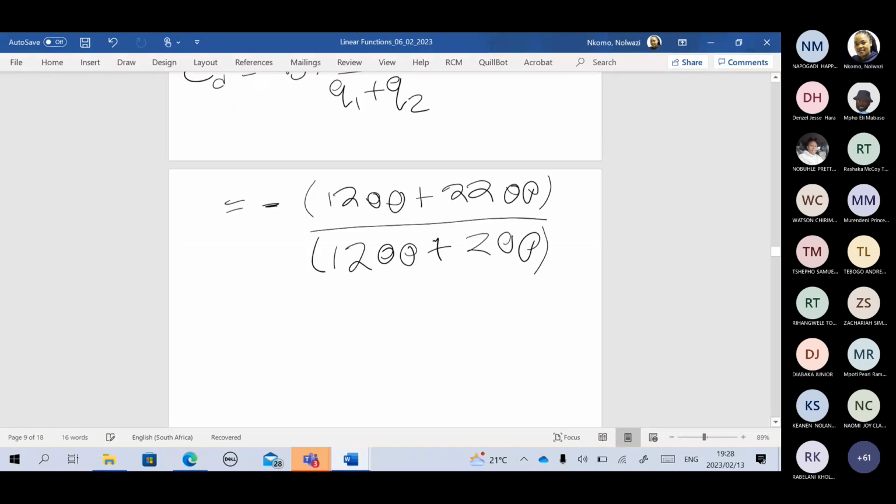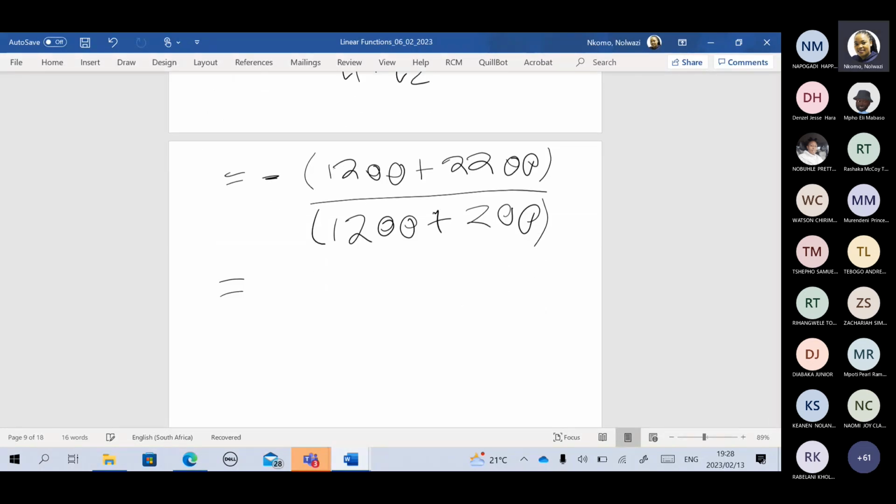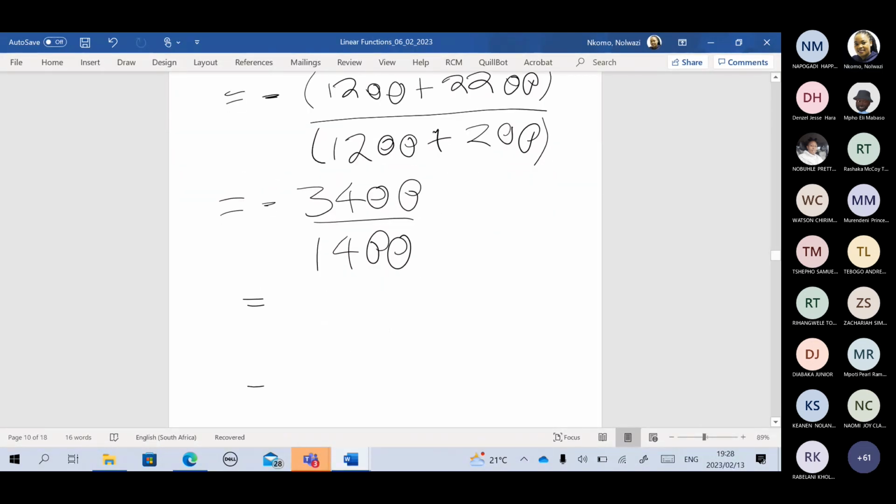If we simplify this, 1,200 plus 2,200 is 3,400 over 1,400, which is minus 2.43. This is the arc price elasticity of demand.